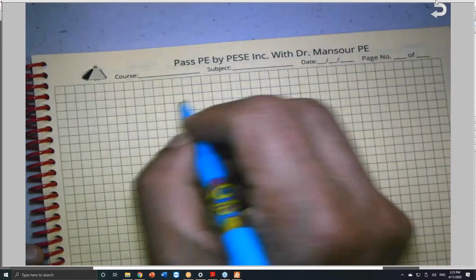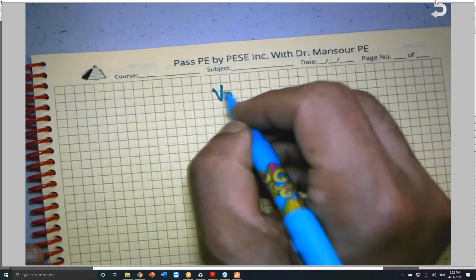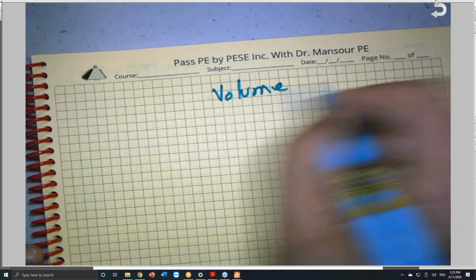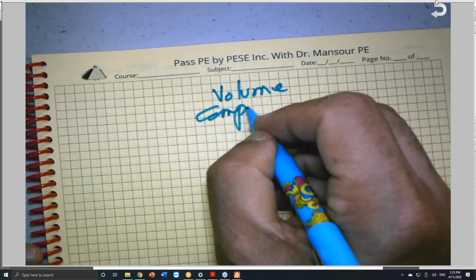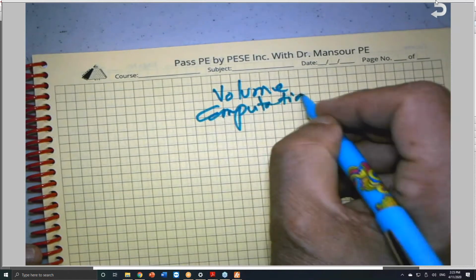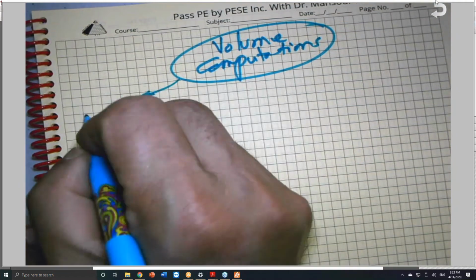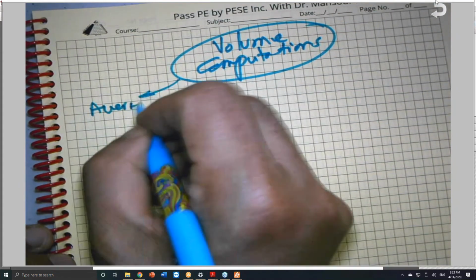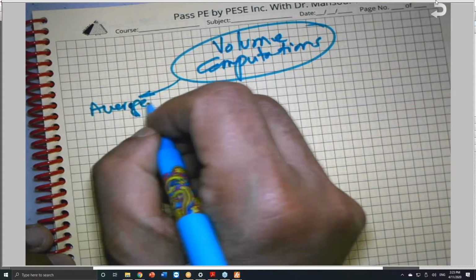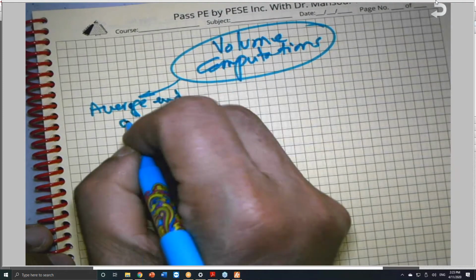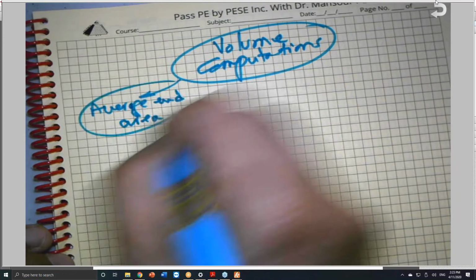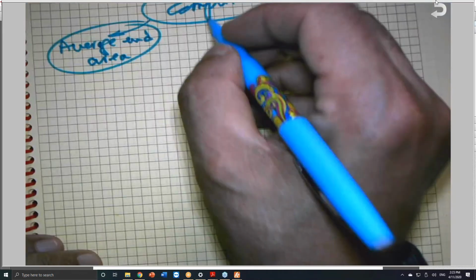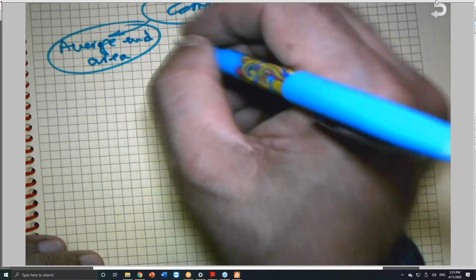Volume computations. We have the average end area method, which is the most common one. It has some problems, but it's not a big deal. We can talk about it.